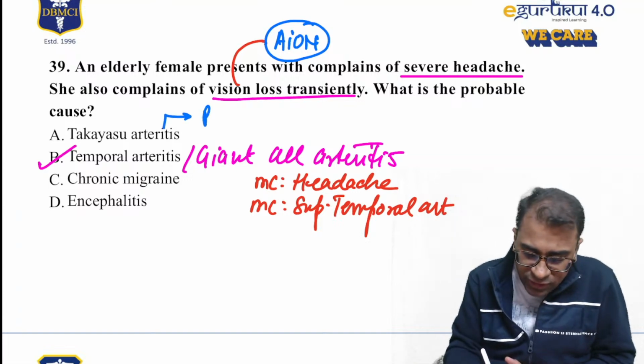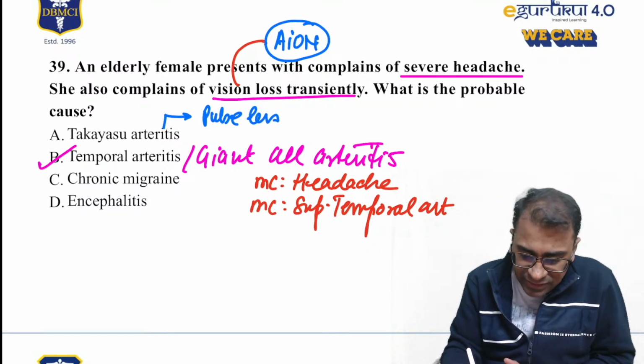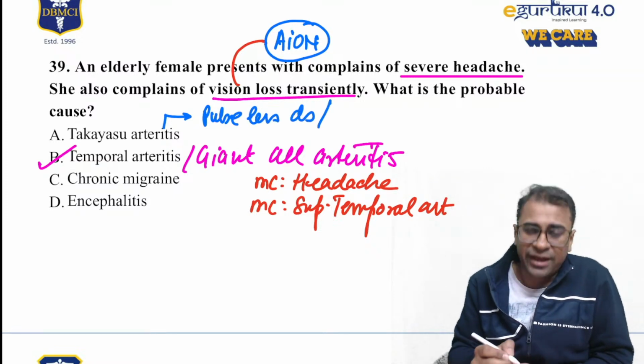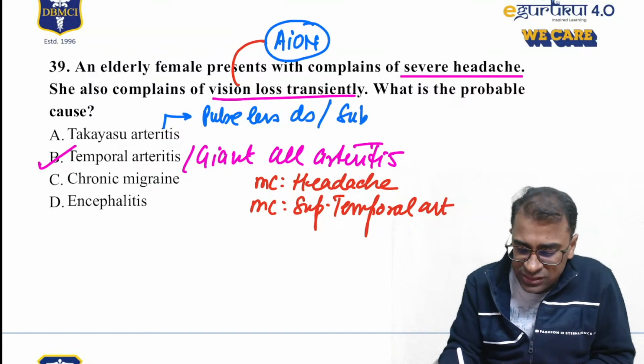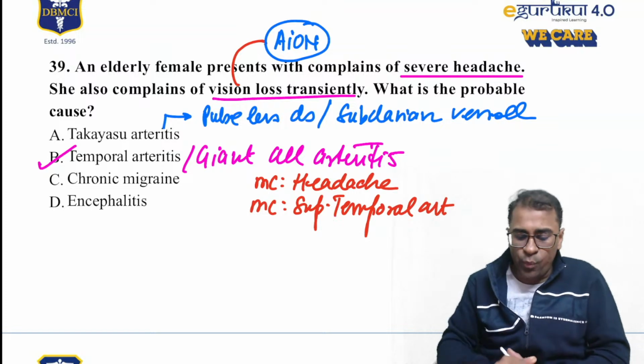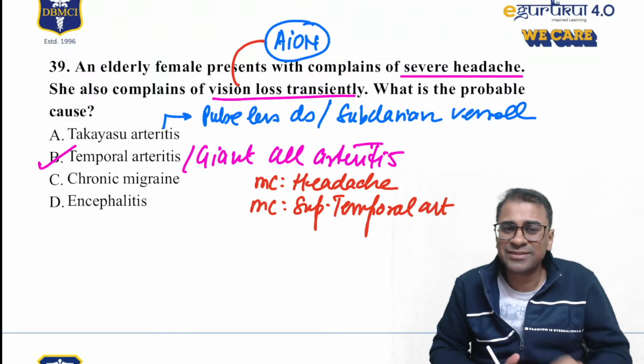This shows what is called pulseless disease, also referred to as Takayasu arteritis. The main vessel involved is subclavian vessels. It is the most common vessel involved in Takayasu arteritis. ठीक है.